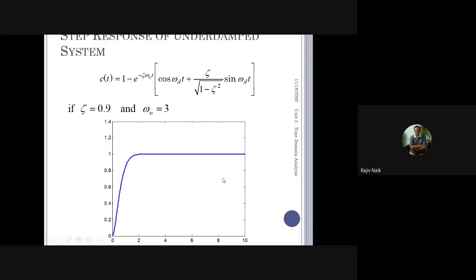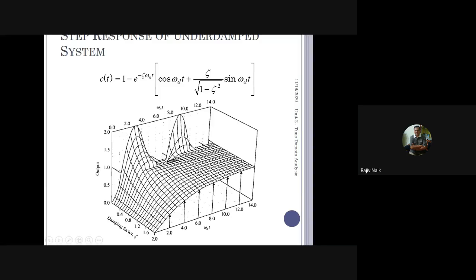Then zeta 0.9 and omega n 3 only, same. See, the oscillations have further gone down. So this is the 3D view of those oscillations where the values are written below. This is not very important, just to visualize the things it is given.